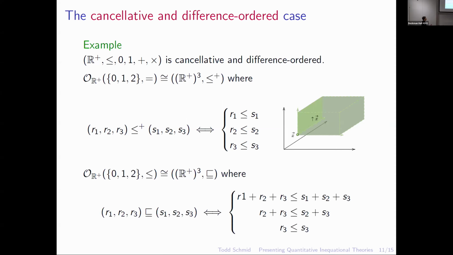Now, if I treat 0, 1, 2 as an ordinal instead, as a linear order, then I get the same set, but with a slightly different order now. The order is given by these sums, which I've directly pulled from the definition of the heavier higher order. These were those bar graphs. You're looking at right-facing rays.